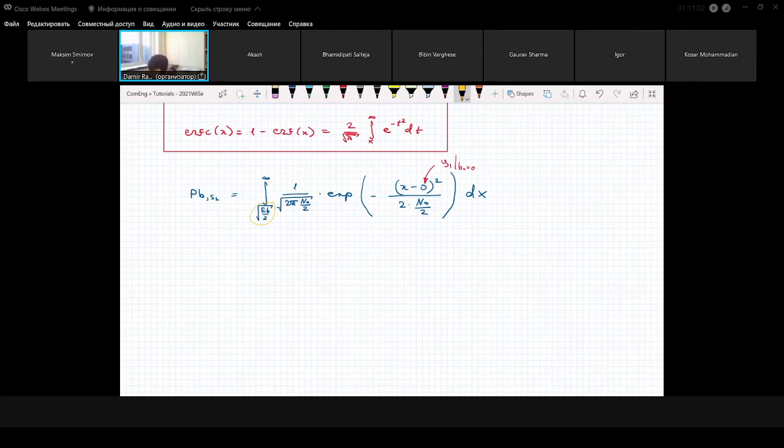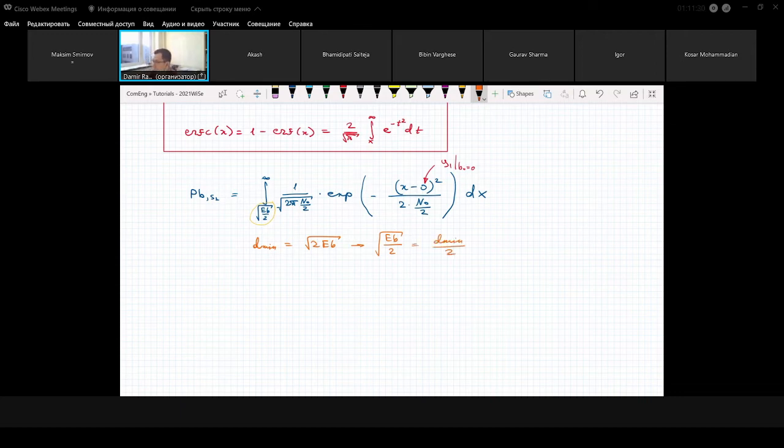I would like to remind you that d mean can be written as 2 times the square root of EB, and the square root of EB over 2 corresponds to d mean over 2.